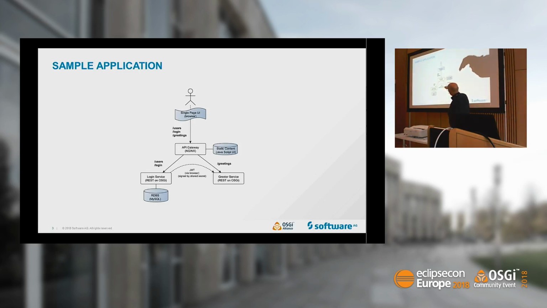Then we have two services that the system needs to run. So we have a login service, which manages users, which again requires a component which is the database, a backend component. And the login service will know which users are registered, will authenticate them, and if required, will return a token.